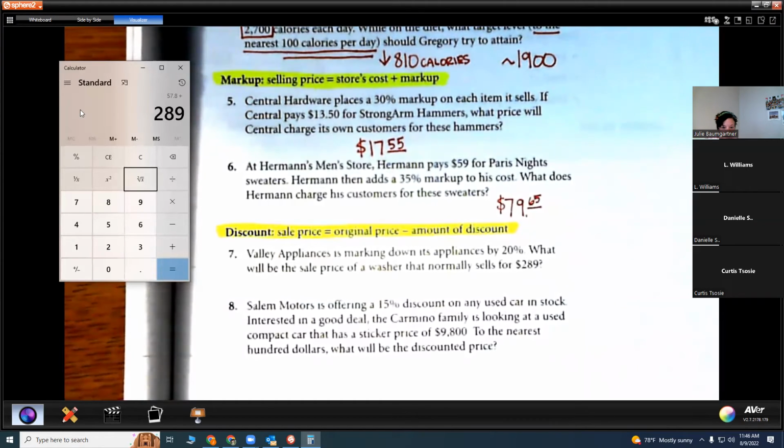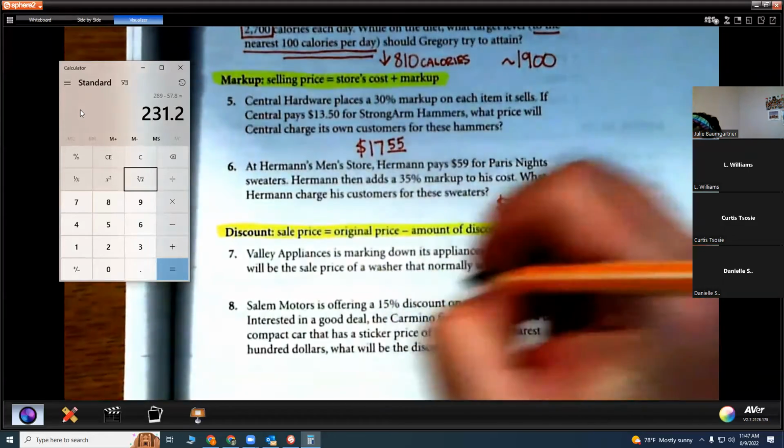So the discount is $57.80. I totally typed that in wrong. Okay, 289 minus, was 57.8 the discount? So $231.20? Yeah.